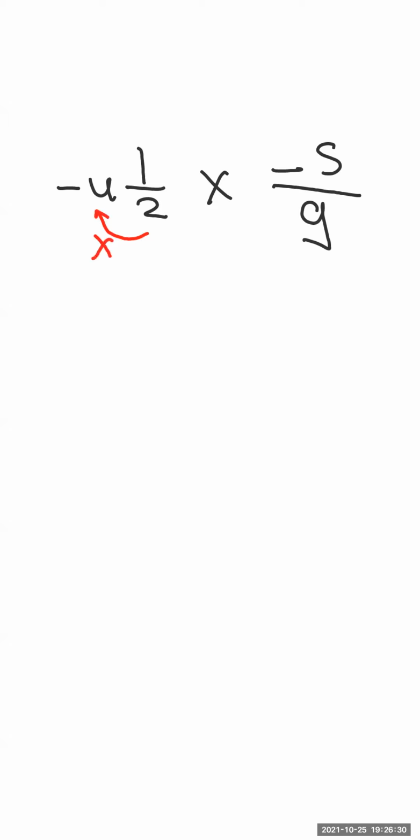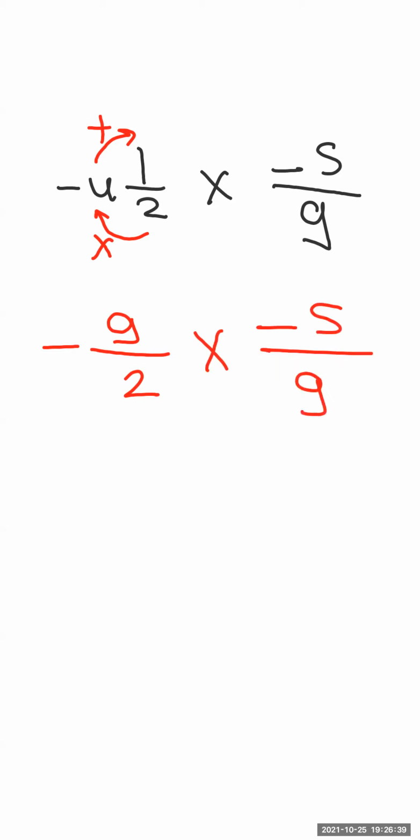One more question on the mixed number. -4 and 1/2 times -5 and 5/9. Okay. So whenever you see a mixed number, directly convert it into improper fraction. So 2 times 4, 8, plus 1, 9/2, and that's a negative, times -5/9. Okay, simplify.